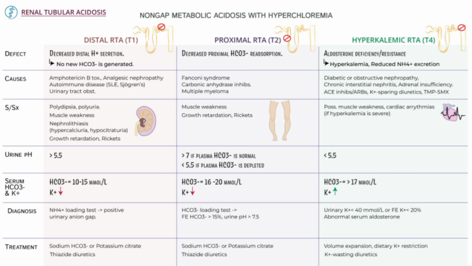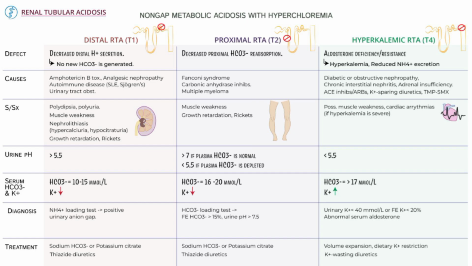So in the end, it is very easy to compare all three types. As you can see, in distal renal tubular acidosis, there is a defect in hydrogen ion secretion. In type 2 proximal renal tubular acidosis, there is decreased bicarbonate reabsorption, and type 4 is caused by aldosterone deficiency or resistance. In the first two types, hypokalemia is common, and in the last type, hyperkalemia is common.